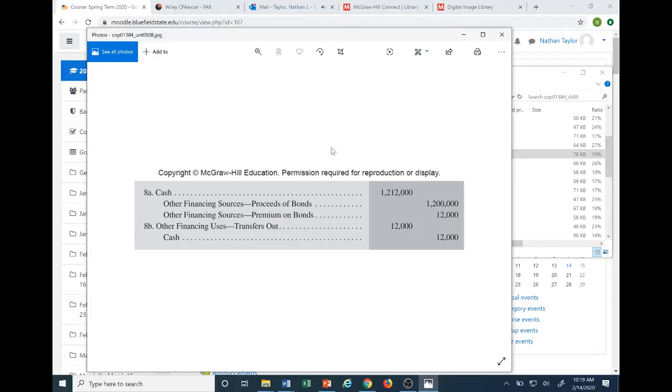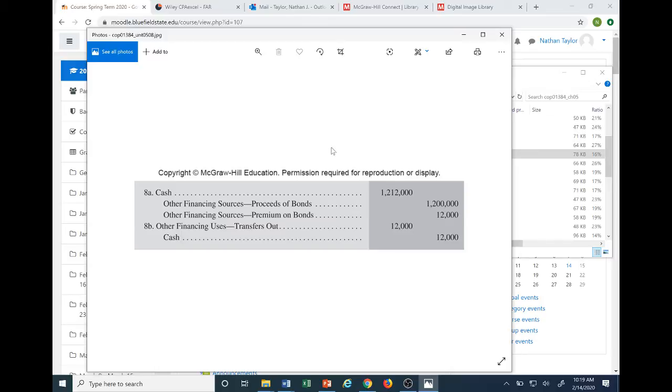So we're receiving that amount of money, so we're going to debit cash at that amount. Then we're going to credit other financing sources, proceeds of bonds for the $1.2 million, and then credit other financing sources, premium on bonds for $12,000, right? So we're just telling where the sources of money came from, right? $12,000 of it was a premium. The rest was just straight from the proceeds of the bond, the face value.